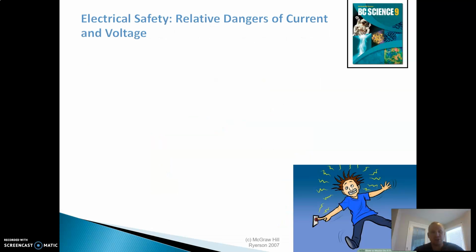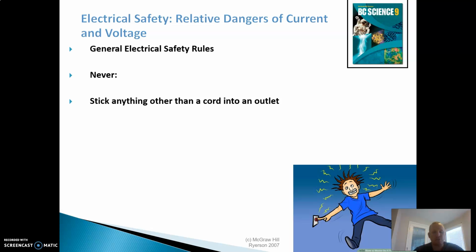The last thing we're going to talk about is a brief introduction to electrical safety, going over the dangers of current and voltage. Just some general guidelines about electrical safety. Don't stick anything into an outlet other than a cord, and a cord that's not damaged.